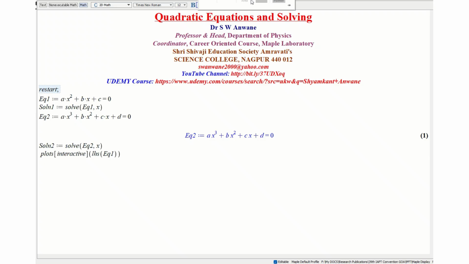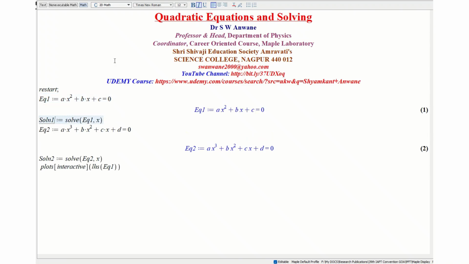In the first step, we shall solve a quadratic equation. For that, I have written a couple of commands, you can say equations, in Maple to save time, and I'm running through the commands. I'm running a restart command to clear all accumulators.